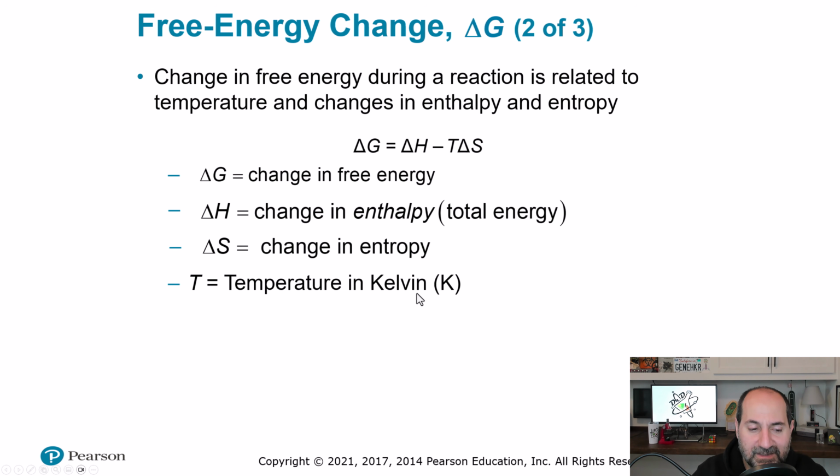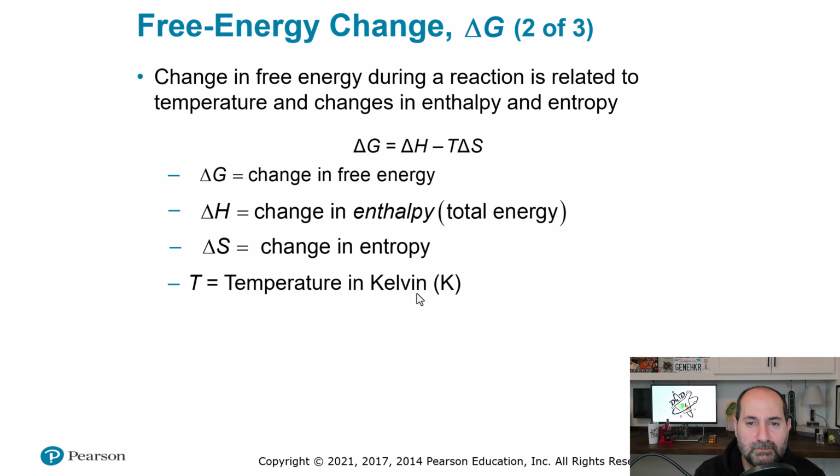Okay? And then you should know when a reaction is always spontaneous. We talked about this in the video. If you're not familiar with this, you can hop to the chapter 8 video for more guidance.